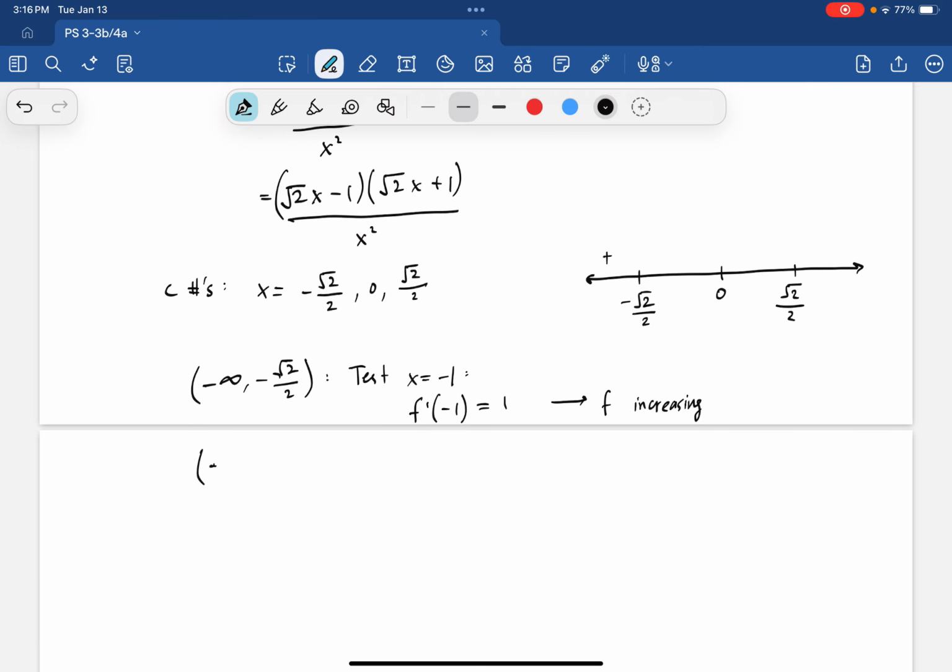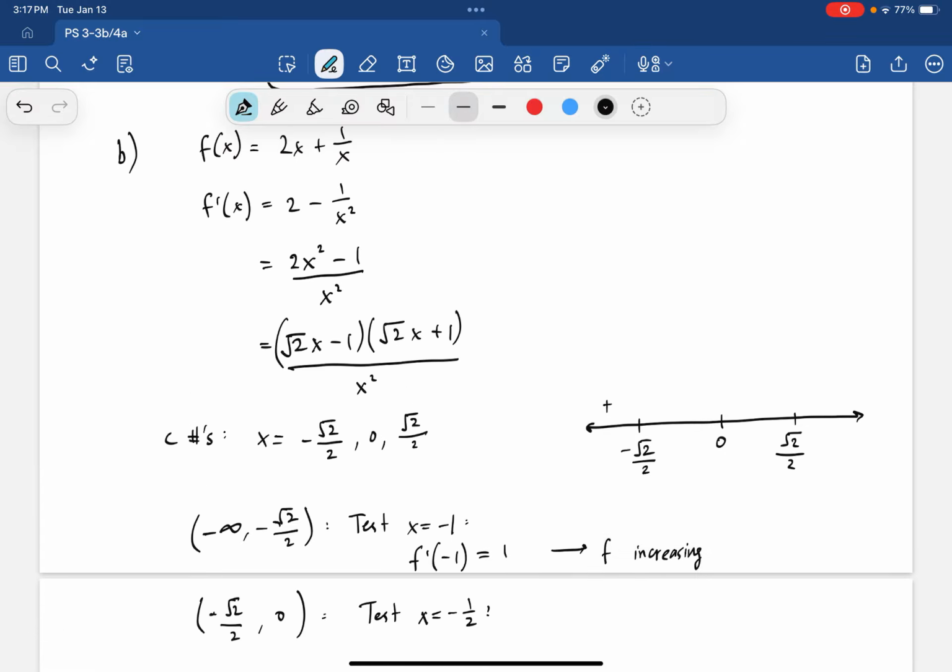For our next one, we can probably test negative 1/2 maybe. That's in between negative root 2 over 2 and 0.